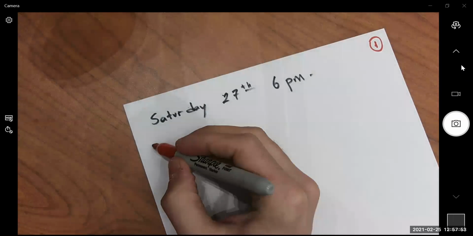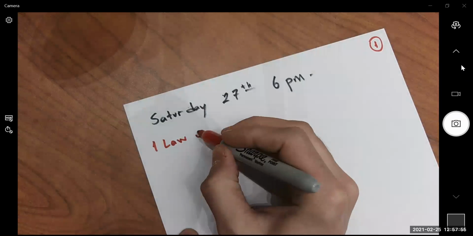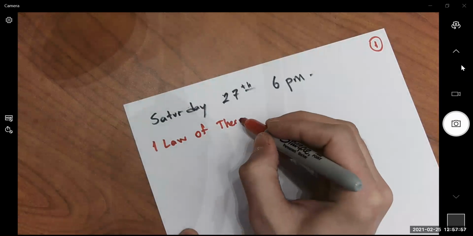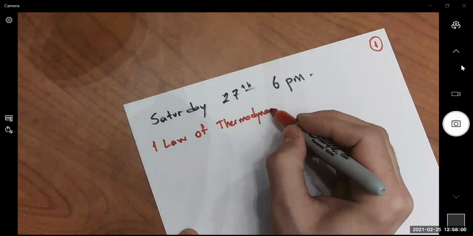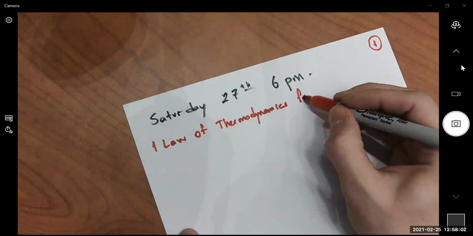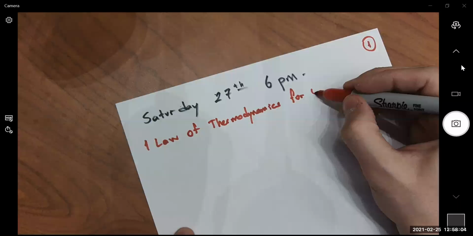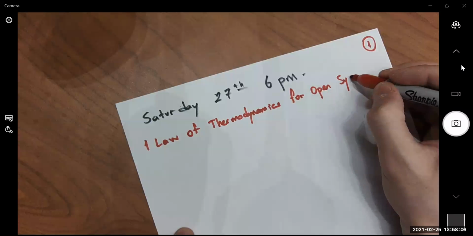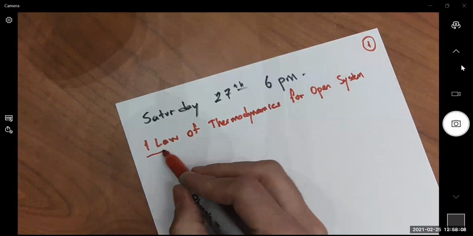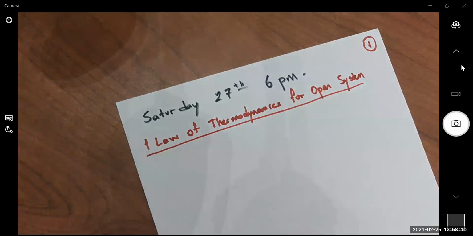First law of thermodynamics for open systems. For closed systems, remember when we defined a closed system, what makes a system closed was that mass is not allowed to cross the boundary.